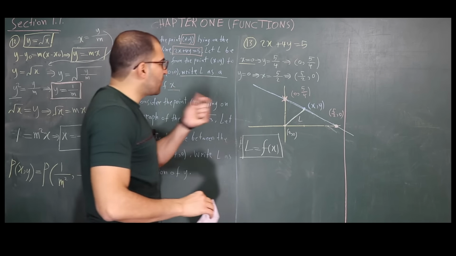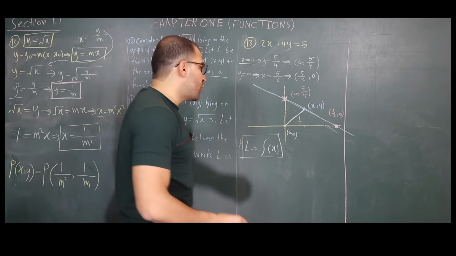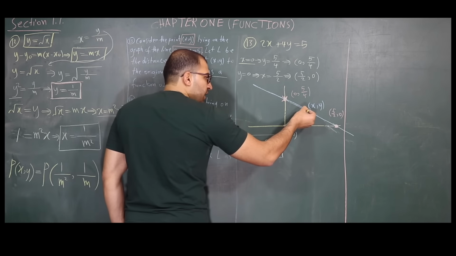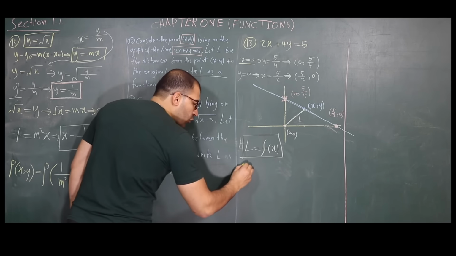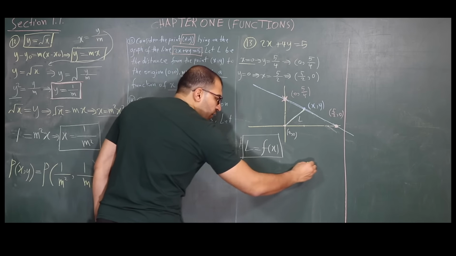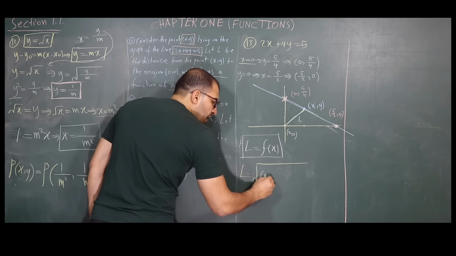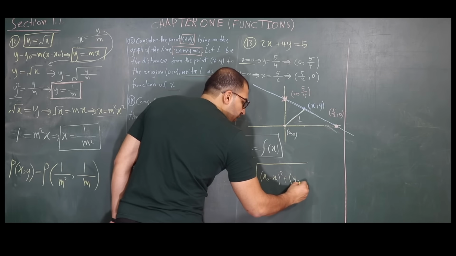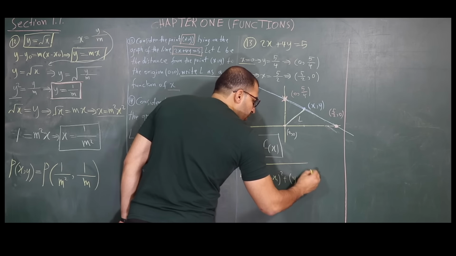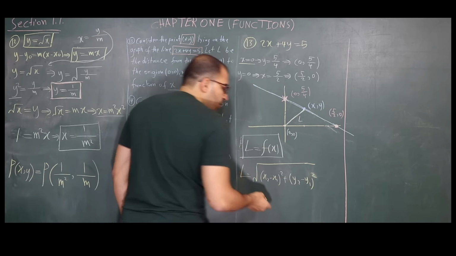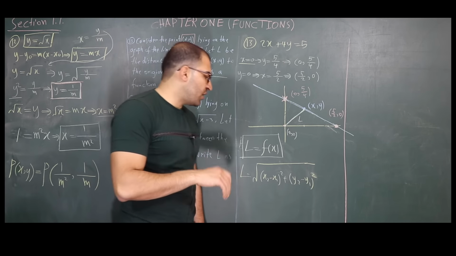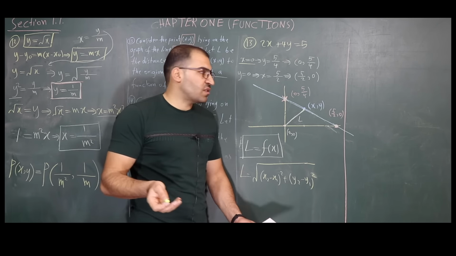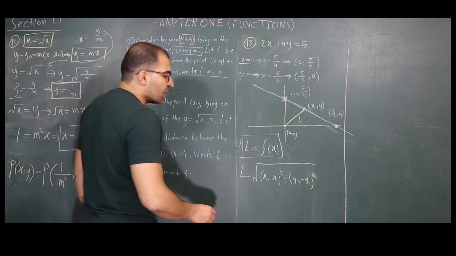And we can start from the line first. The distance between this point and this point could be found from the distance law, which is the square root of (x2 minus x1) squared plus (y2 minus y1) squared. And by x2, x1, y2, y1, I mean the coordinates of any 2 points in the plane.